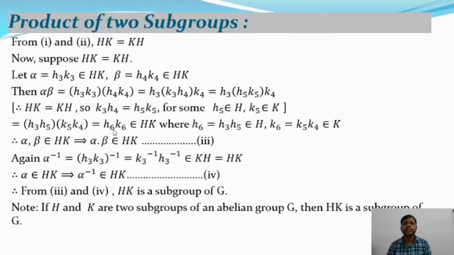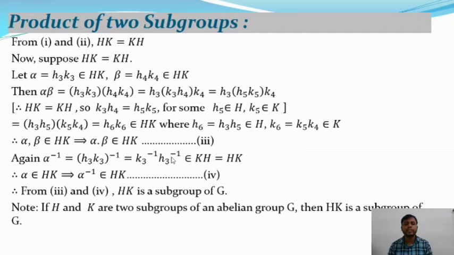Then h6 k6 also belongs to HK, where h6 equals h3 h5 and belongs to H, and k6 equals k5 k4 and also belongs to K. So from this we get alpha beta belongs to HK, which implies alpha times beta belongs to HK, and we write this as equation number 3. And again alpha inverse is equal to (h3 k3) inverse, and it reduces to k3 inverse times h3 inverse.